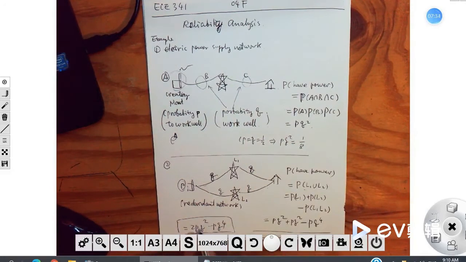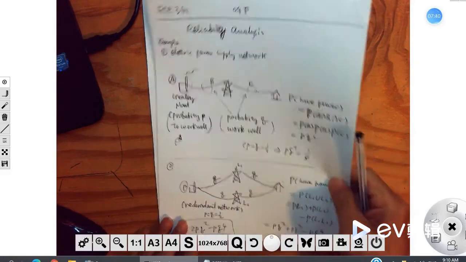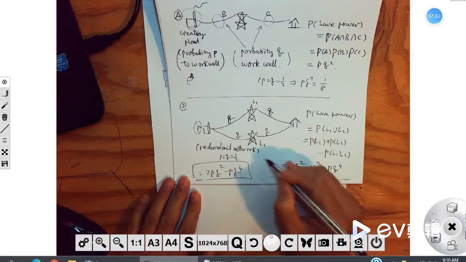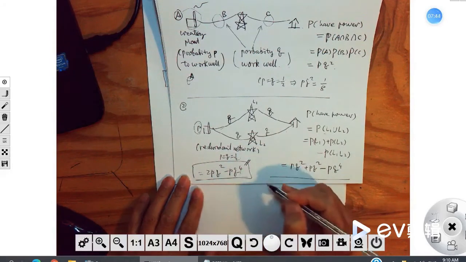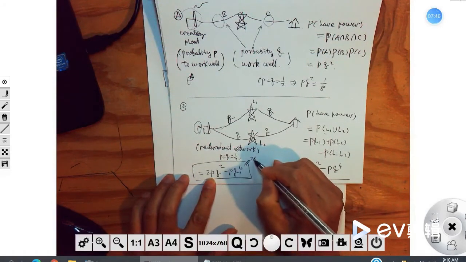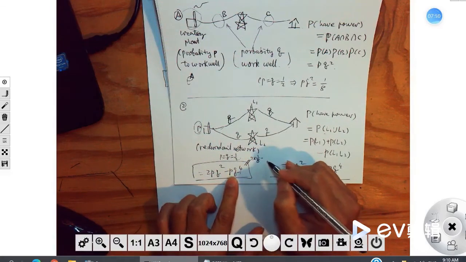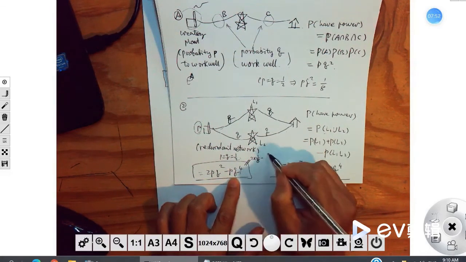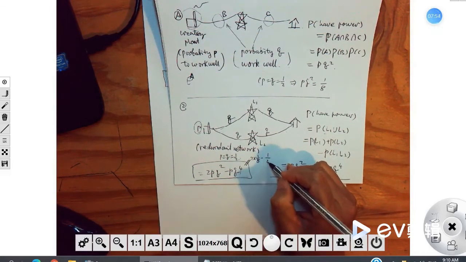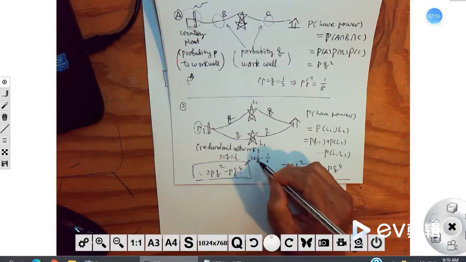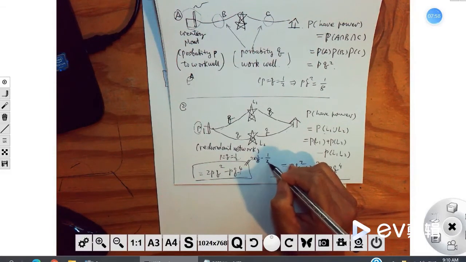And this one equals 2 times 1/8 minus 1 over 2 to the 5. What is 2 to the 5? 2, 4, 8, 16, 32.